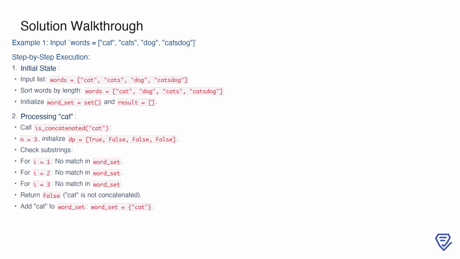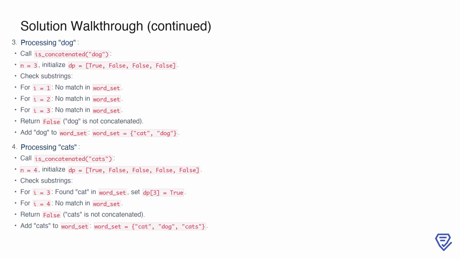Finally, we add cat to the word_set, which now contains cat. Next, we process the word dog. Similar to cat, we call the is_concatenated function and initialize a dp array of size 4. As we iterate through the substrings of dog, none of them match any word in word_set. Therefore, the function returns false, indicating that dog is not a concatenated word. We then add dog to word_set, which now contains cat, dog.